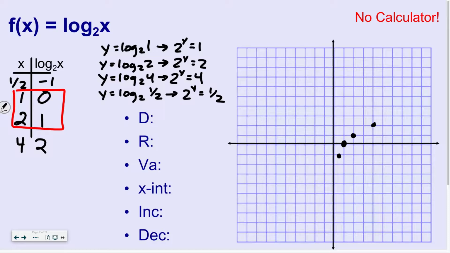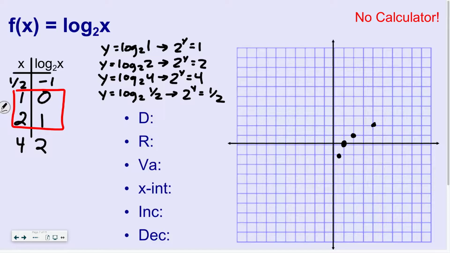Something interesting that you should be aware of about logs, and I've mentioned it before way back in chapter 1, but there are some numbers you can't take logs of. Can't take logs of what kind of numbers? Negatives or 0.